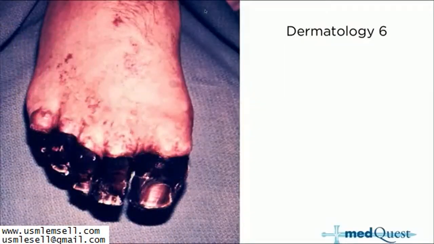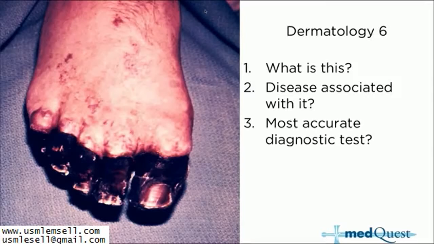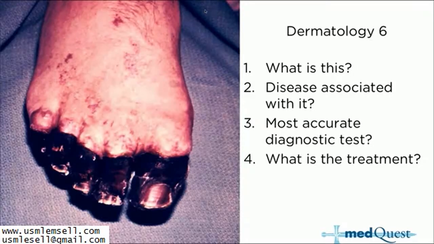Now, what is this? Oh, blue toes. Well, these blue toes are from gangrene. This is sudden vascular insufficiency. The most accurate diagnostic test is an angiogram, but this is gangrene. This is a clot to an arteriole, and all you can do is anticoagulate and remove the clot.